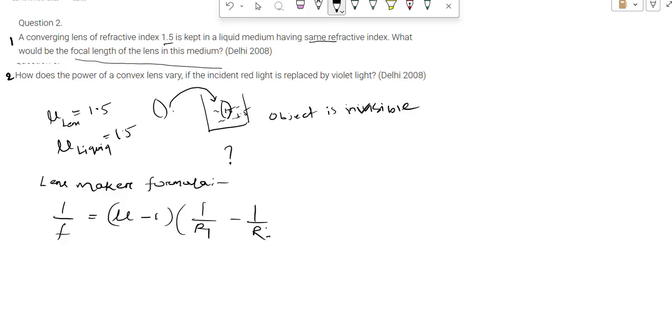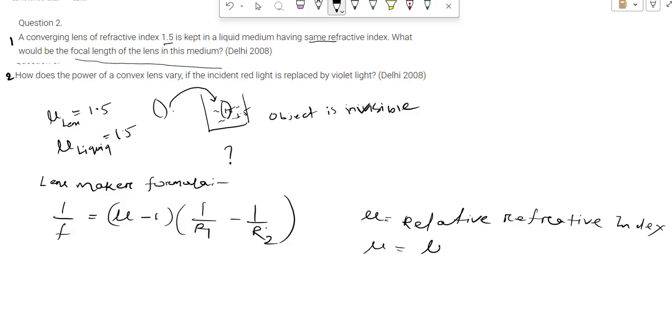Here mu is the relative refractive index, mu2 by mu1.